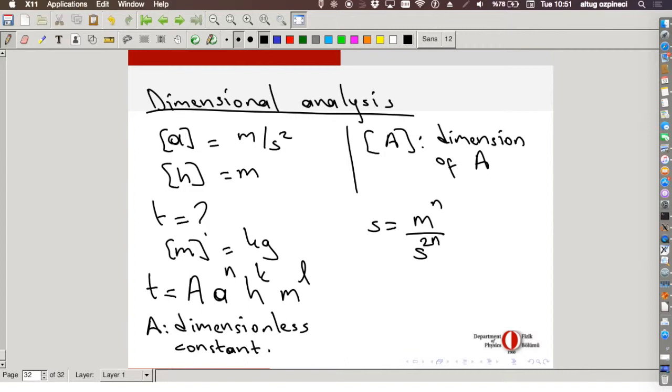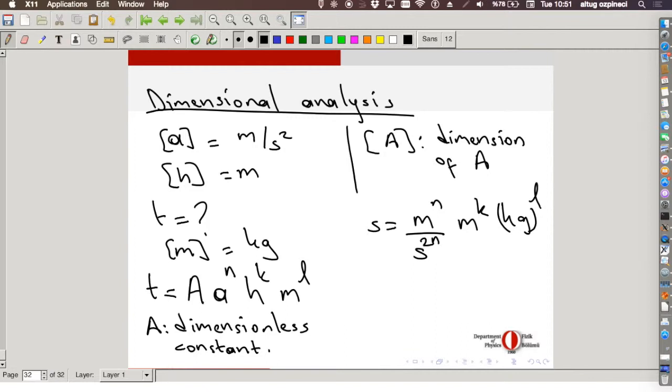H has dimensions meters, so h to the k will have dimensions meters to the k. M has dimensions kilogram, so m to the l will be kilogram raised to the power l. So this is what we know.